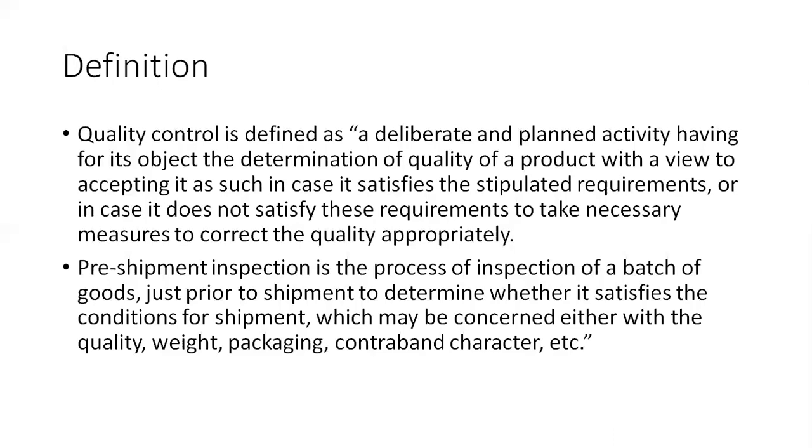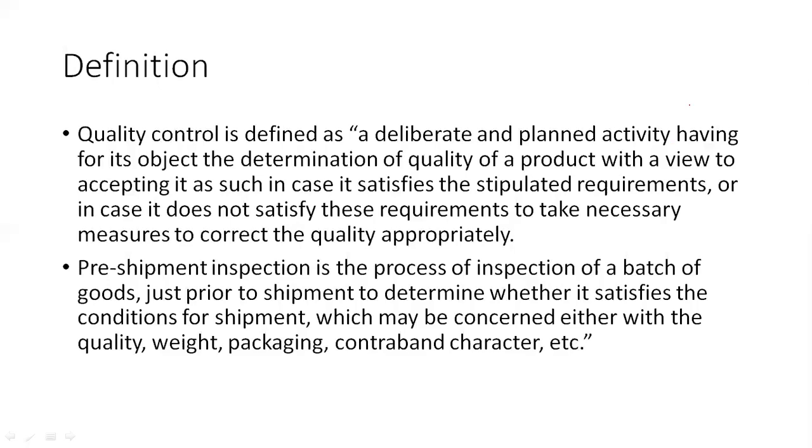First and foremost, we need to understand those rules and regulations, and we are obliged to follow them. So we need to maintain certain quality standards that are mentioned in our quality control and inspection rules and regulations. That is what we need to do first. But apart from that, if the importer demands something extra in terms of quality control and pre-shipment inspection, then we are supposed to do that as well.